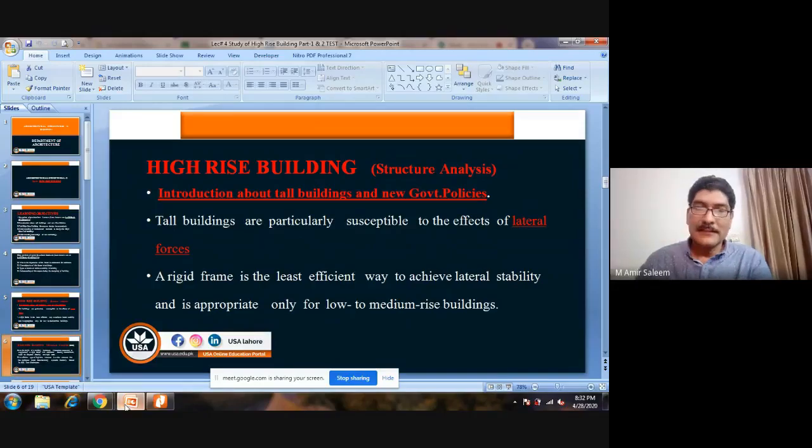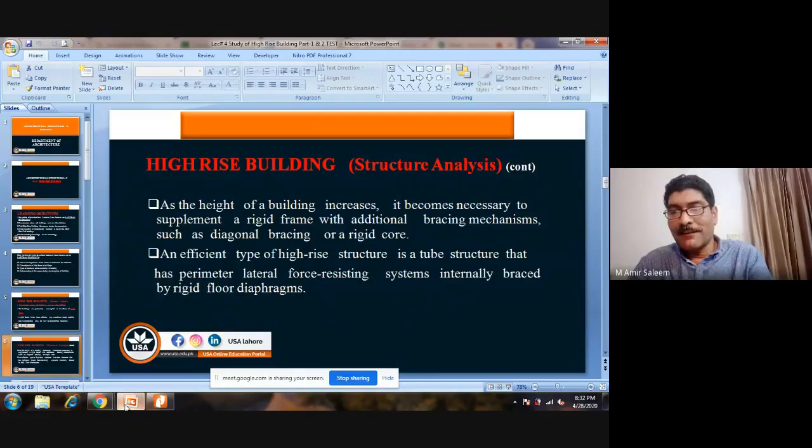Efficiently, these buildings are easily managed by increasing the size of the columns and the size of the beam cross-section area, and we create a rigid frame and convert the building into a suitable, laterally stable position.